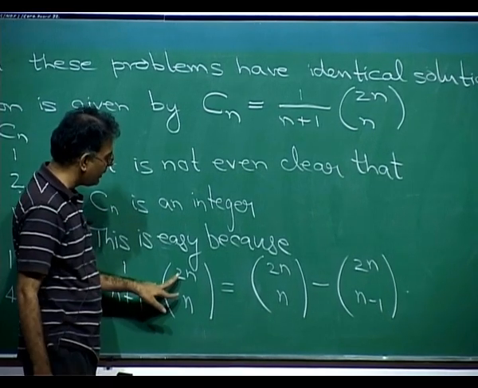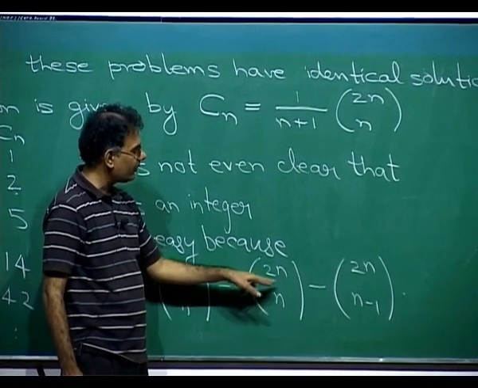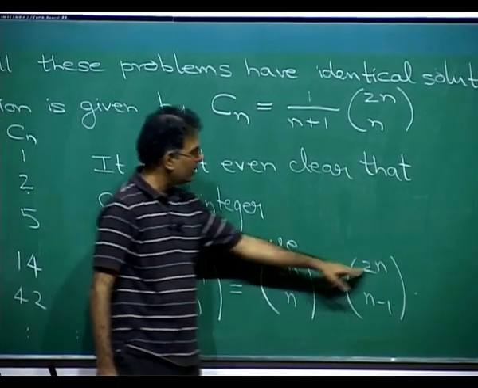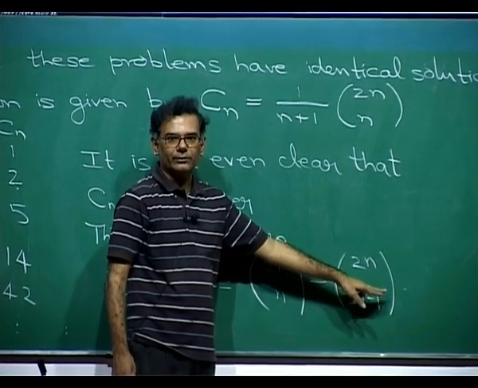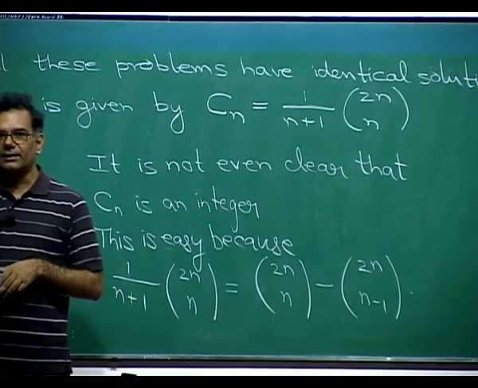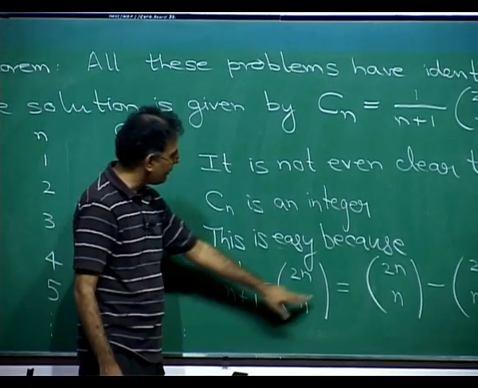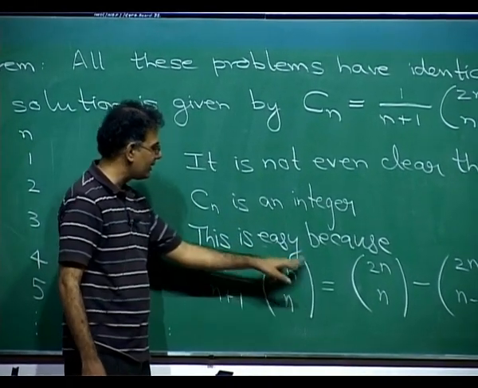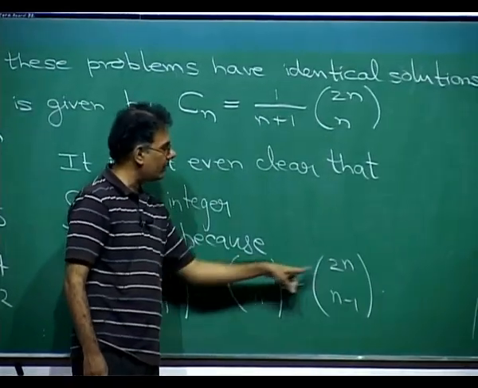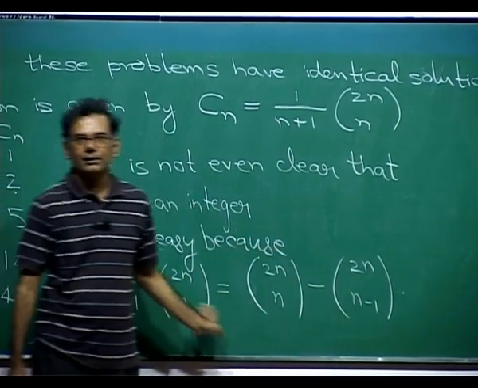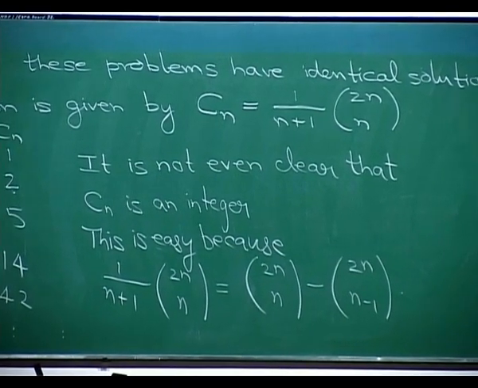If you just use the formula for what n choose k means, 2n choose n is 2n factorial by n factorial squared, and 2n choose n minus 1 is 2n factorial by n minus 1 factorial times n plus 1 factorial. Then pull out common factors, simplify, and you will exactly get this side. This is easy to see, and therefore it shows that this number, which at first is not clear to be an integer, is an integer, since it's the difference of two binomial coefficients, both of which are integers. Okay, so that's fine. So it's an integer, that's good.